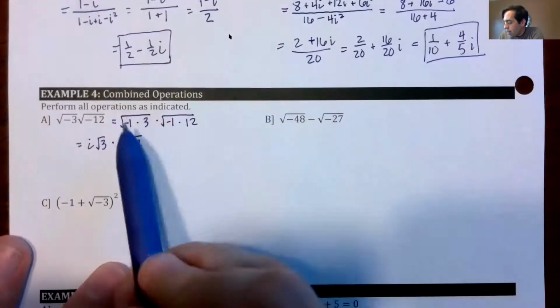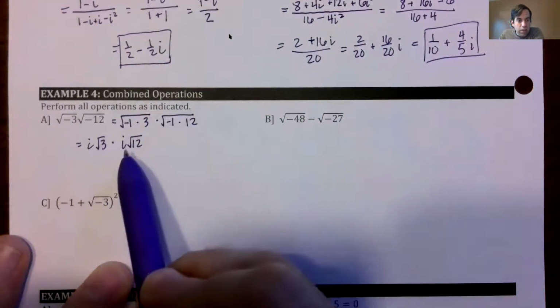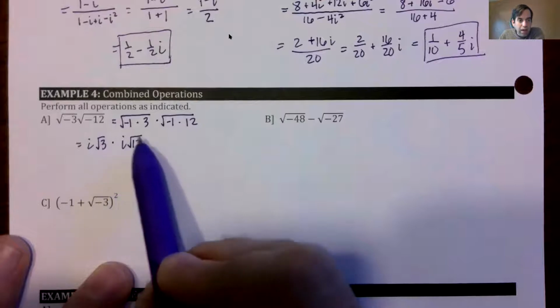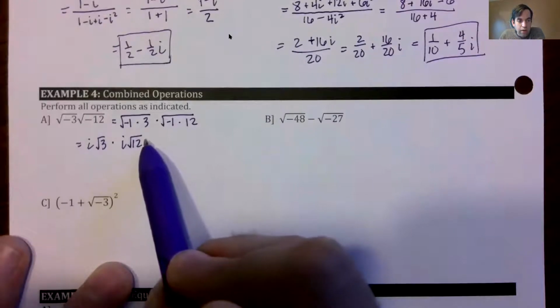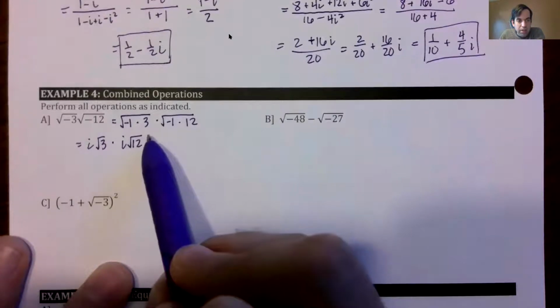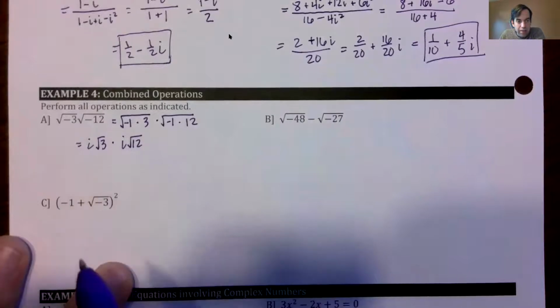So I'm pulling out the square root of negative 1 and making it into an i. Same thing over here, I'm pulling it out. Whenever we have a square root and an i, it's common to put the i in front, to the left of the square root. Otherwise, if you write it on the right, it's easy to accidentally think maybe it's underneath your square root line, but it shouldn't be. So I like to write it in front.